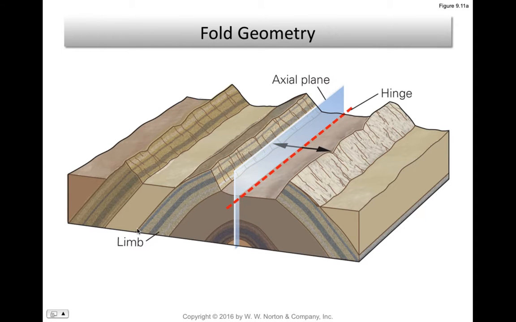And these individual beds are folded, right? And each one will have its own hinge line. So this one's hinge line is here. There would be a hinge line that goes through here, or underneath here, then another hinge line back over here. So what the axial plane does, it connects all of these hinge lines, right? So the hinge line is one line. The plane basically bisects the fold.